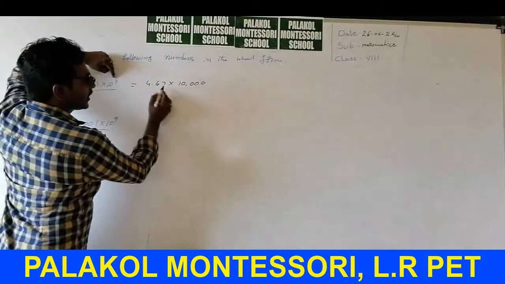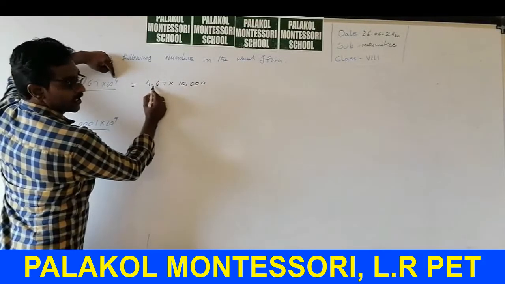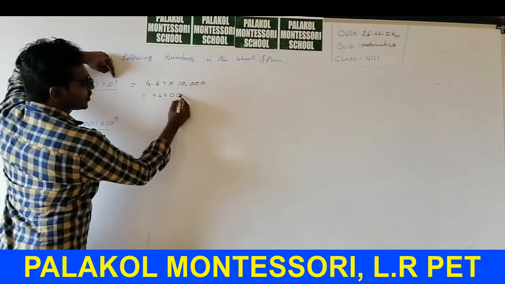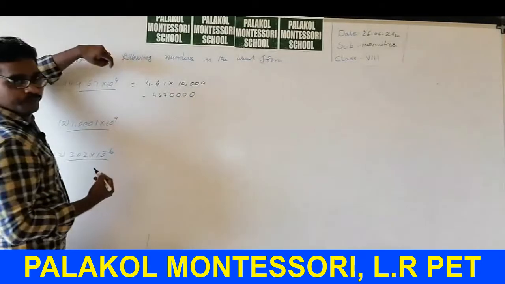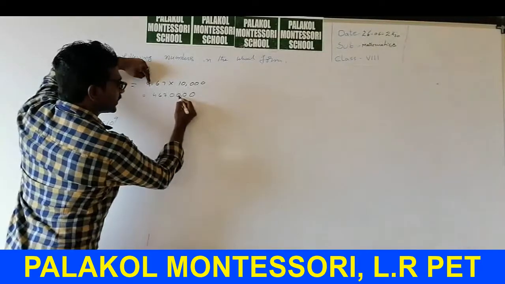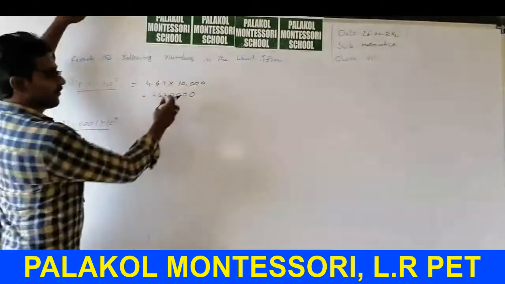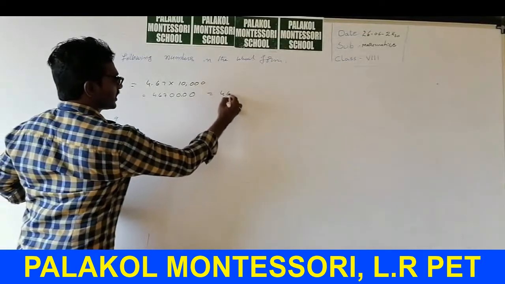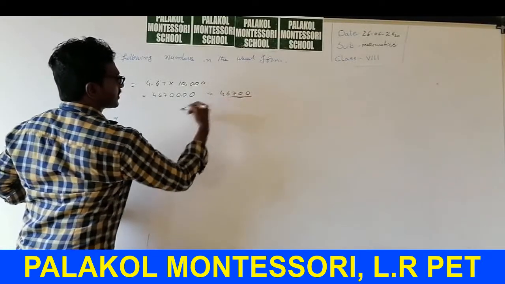The 4 zeros, here two numbers after the decimal are there. That's why 4670000. Two numbers after the decimal, put the decimal here. After the decimal point, zeros have no value. 46700. The sum is over.